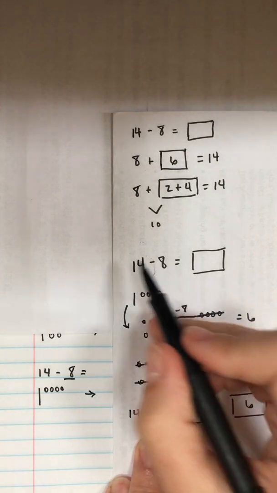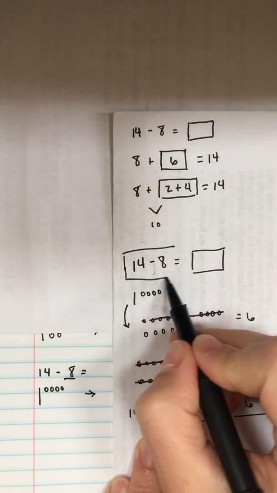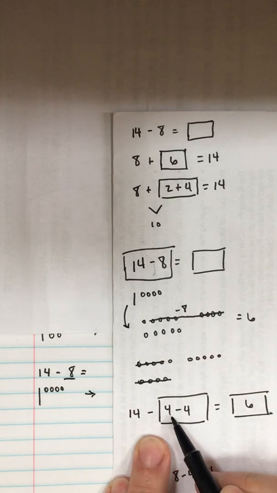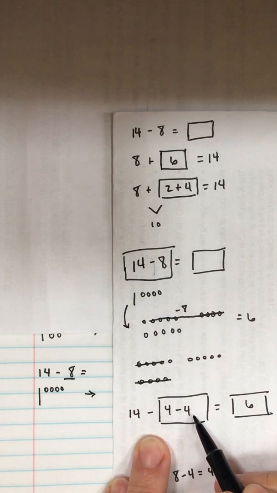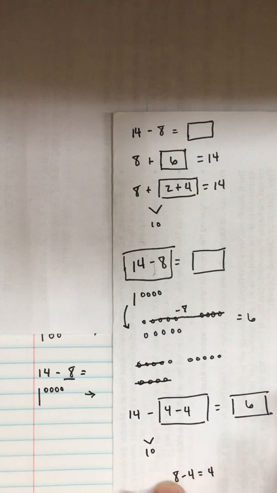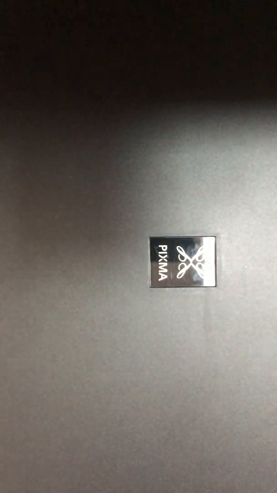So basically we're saying that 14 minus 8 is the same as 14 minus 4 minus 4, which is 6. Hopefully that's clearer than how I had it written the first time.